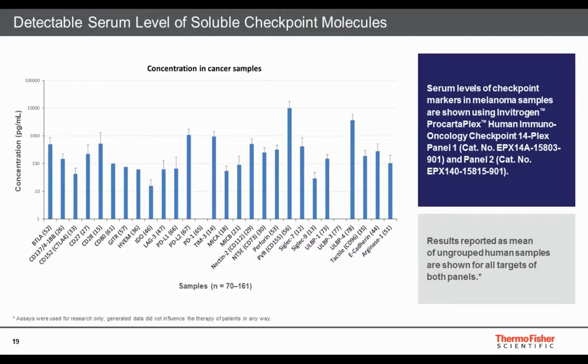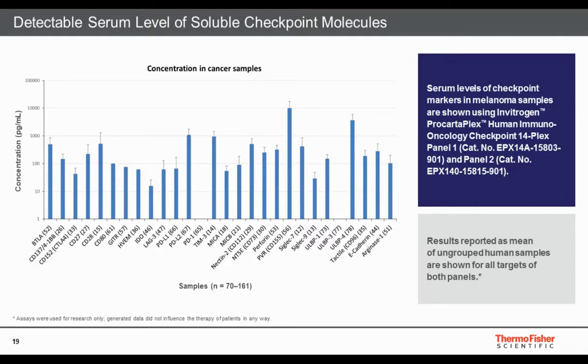To prove that all these soluble forms of the originally membrane-bound molecules are detectable in serum, we have screened serum samples of melanoma patients. As you see, we used 70 up to 160 different samples of different patients.